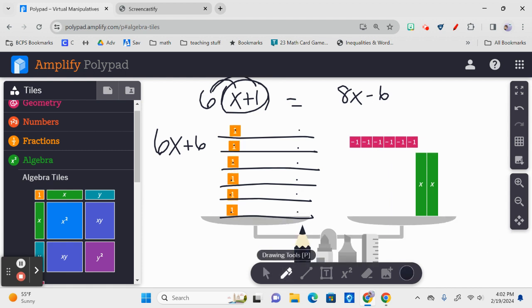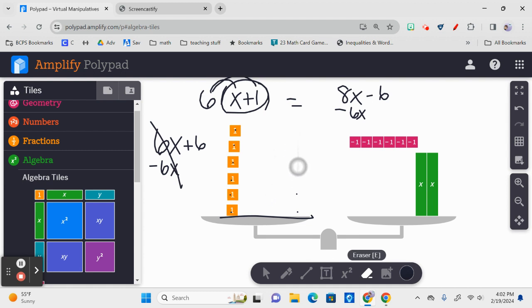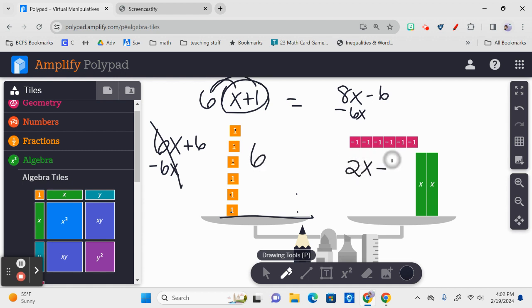If I were solving this algebraically, that would look like first distributing 6 to x and 6 to 1, and then I would subtract 6x, subtract 6x. I'm clearly left with just 6 on this side, and then I've got 2x minus 6 on this side. So I can see that 6 is equal to 2x minus 6.